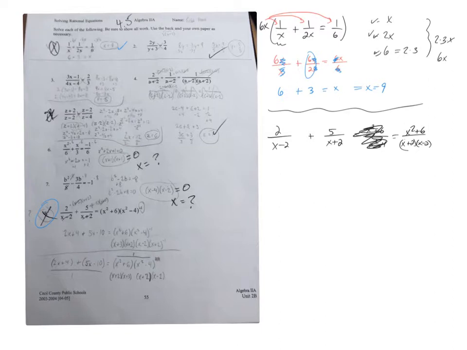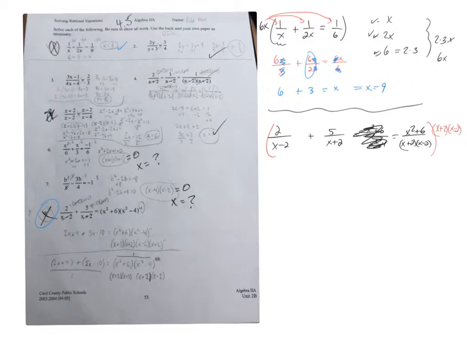We've got an x minus 2 and an x plus 2, and an x plus 2 and an x minus 2. So that is going to be our common denominator. So we're going to multiply each fraction by x plus 2 and x minus 2.